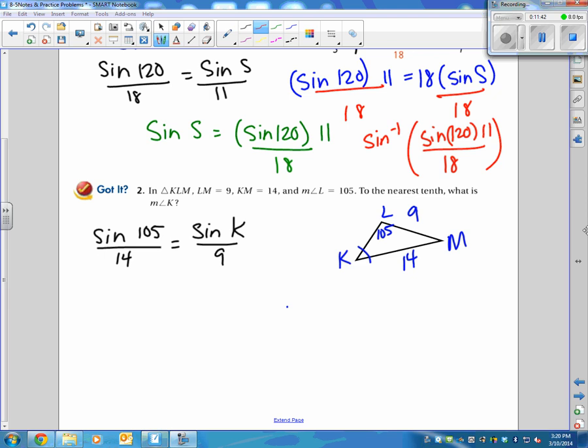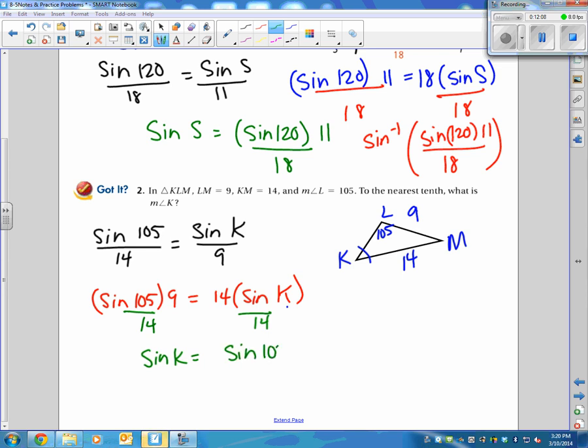Then we cross multiply, so I get sine 105 times 9 equals 14 times the sine of K. Then divide by 14, and the sine of K will equal the sine of 105 times 9 divided by 14.